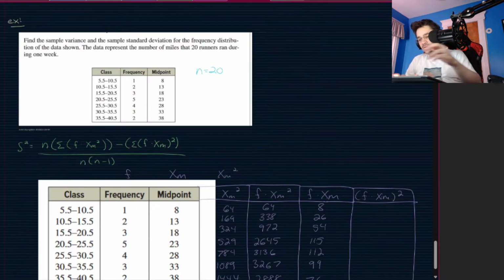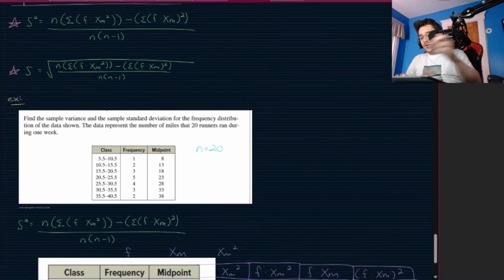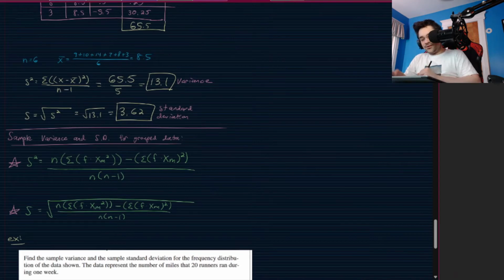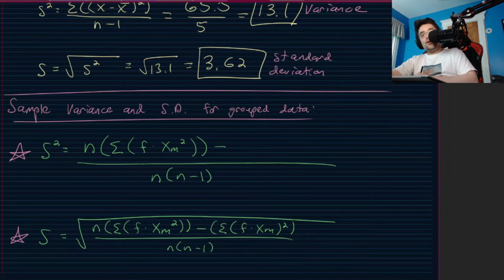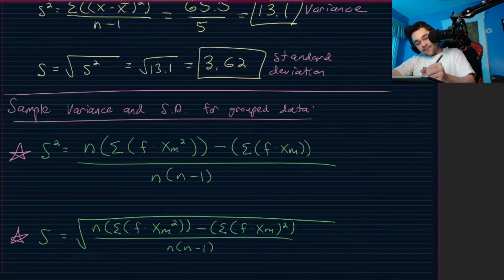Guys, I messed up the formula. Let me go back and change this. Oh my gosh, sorry. The parentheses in this book always throw me off. It's really annoying. My apologies. So this term I had wrong. So this is parentheses. It's the sum of all the f times xm's, and then we square it. So my mistake, guys.